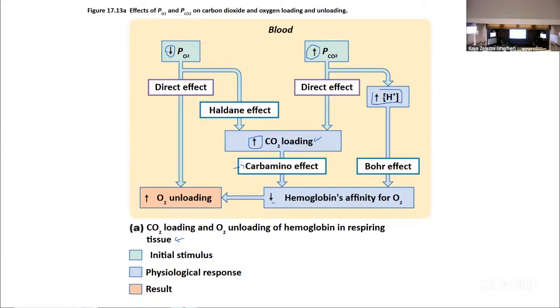So careful here: a higher number of hydrogen ions is the same thing as lower pH. We're not going to look into how we calculate pH right now, but you may have done it in your chemistry classes. If not, associate these two things together: more hydrogen ions, lower pH. That describes our Bohr effect, where lower pH, a more acidic environment, creates a lower affinity of hemoglobin for oxygen, helping us release even more oxygen at our tissue.